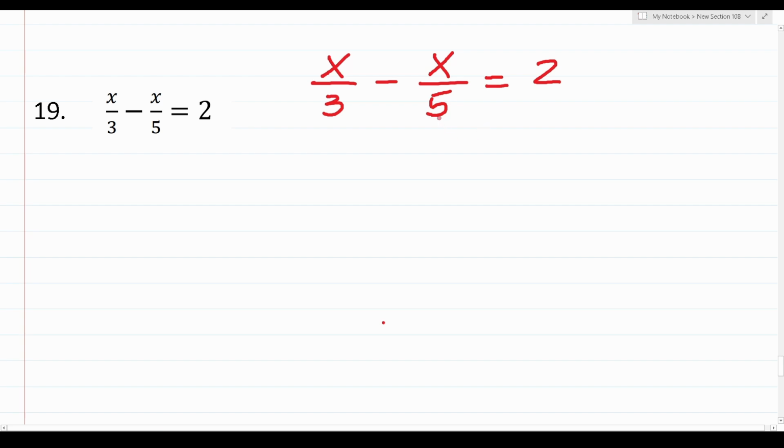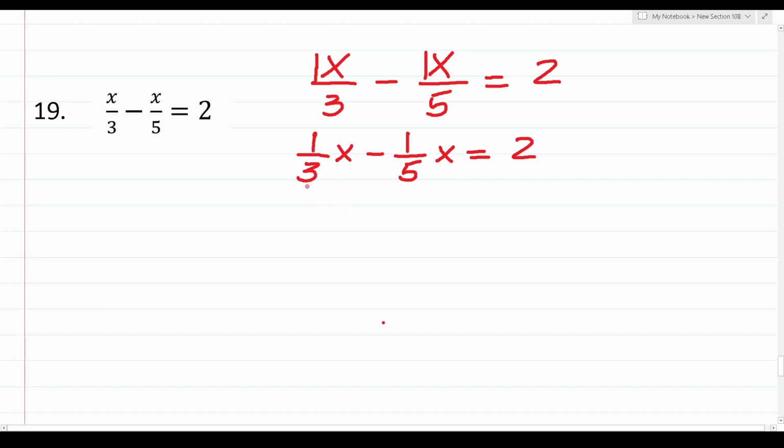Again, it's going to be helpful to express these ones in front of these x's because that's going to enable you, as you've seen in this video already, to rewrite these like this: 1 over 3x minus 1 over 5x equals 2. And as it happens, 1 over 3x and 1 over 5x are like terms, and therefore we can combine them. That said, since they have coefficients, that is, the numbers in front of them are fractions, we actually have to do some work before we can combine them.